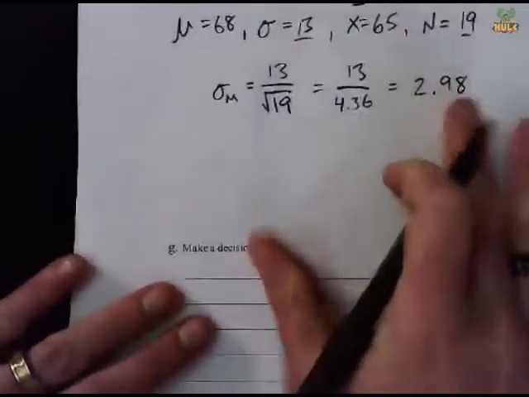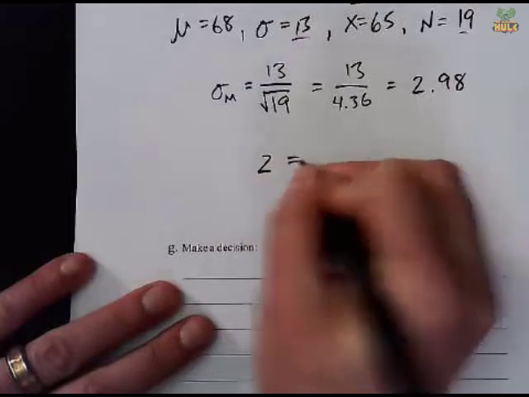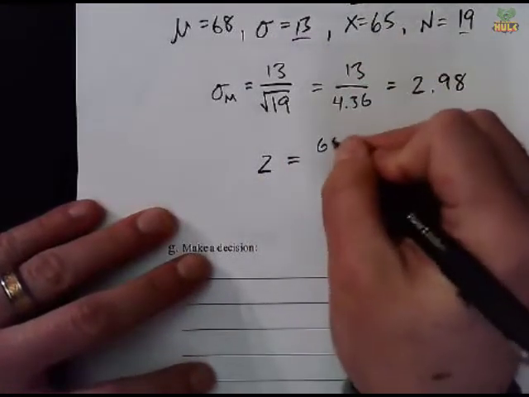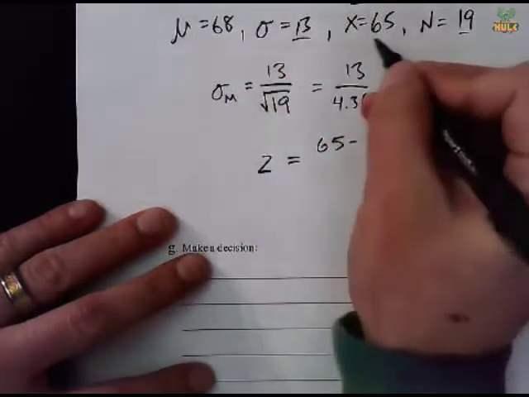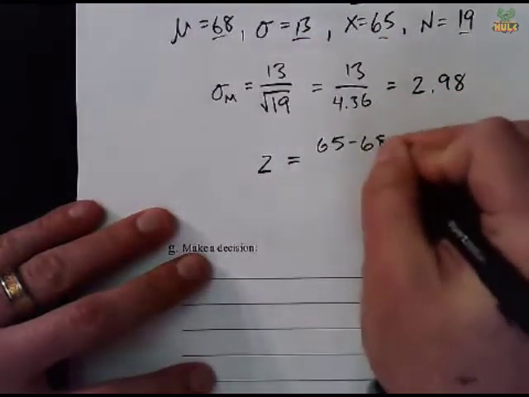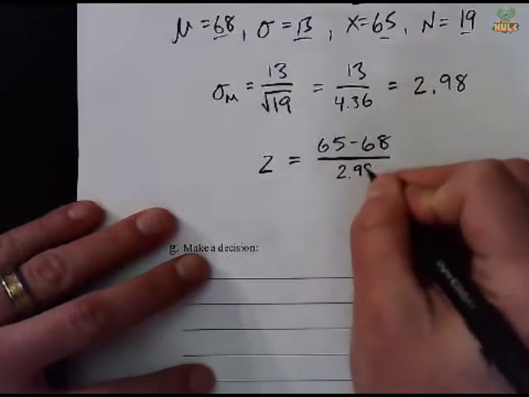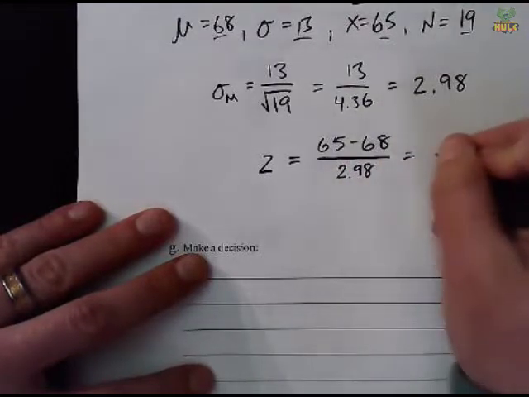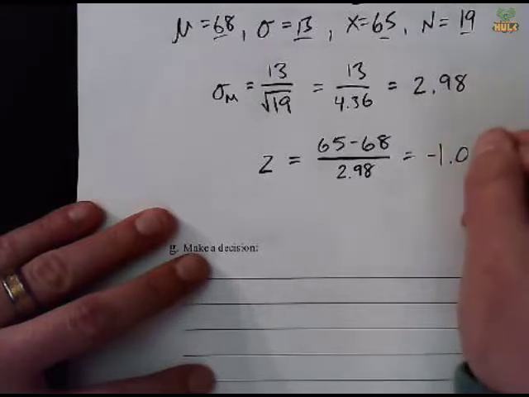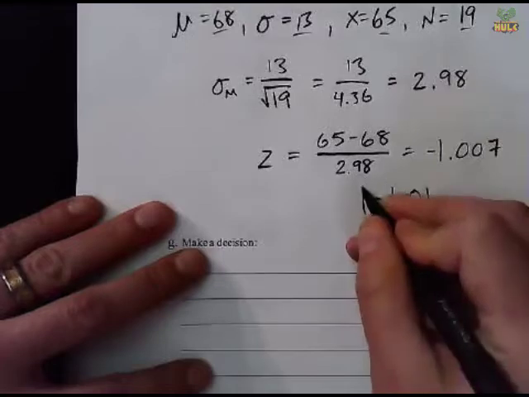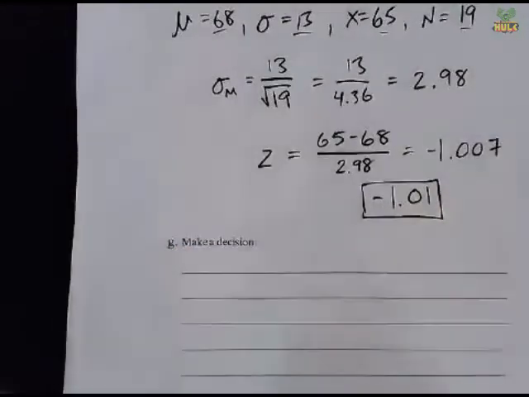So then Z will be equal to our sample average, 65, minus our population average, 68, divided by the standard error that we just calculated, 2.98, which gives us a value of negative 1.007 or negative 1.01. All right, we've calculated our Z statistic.